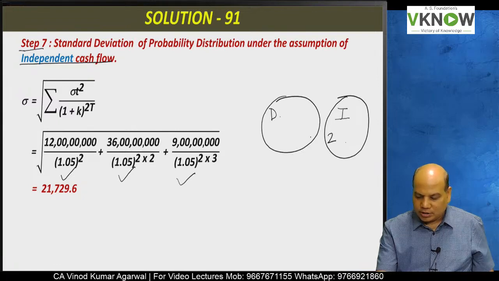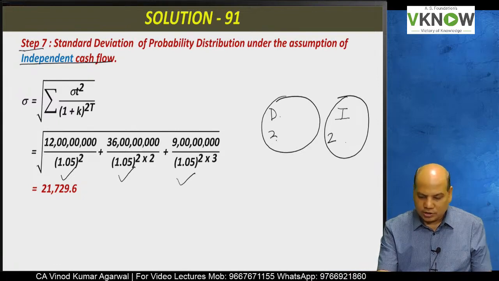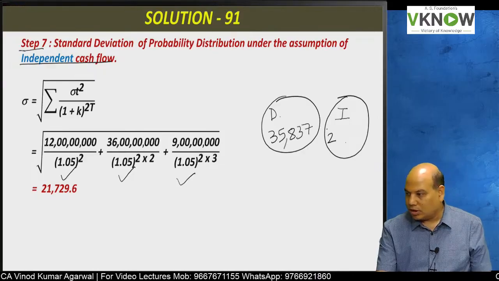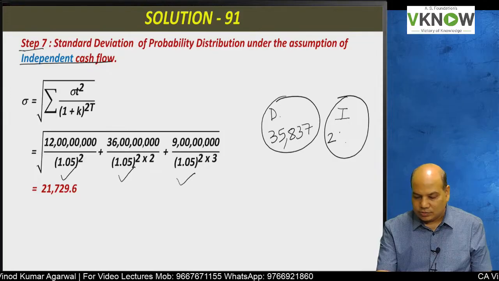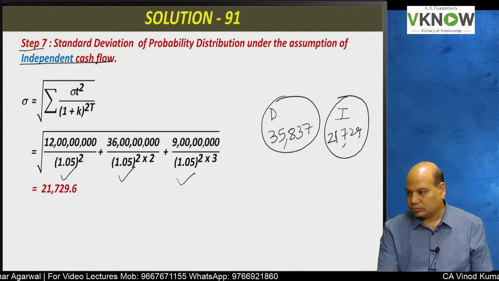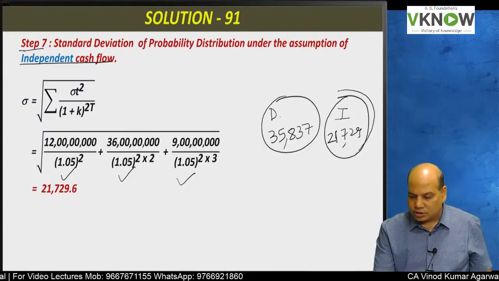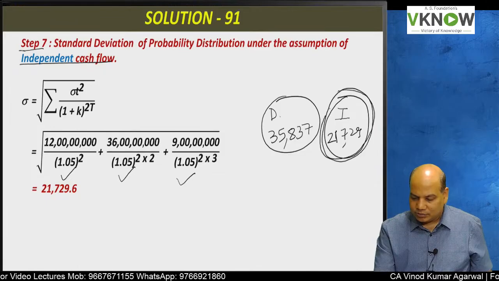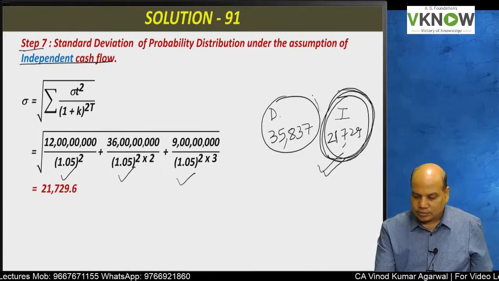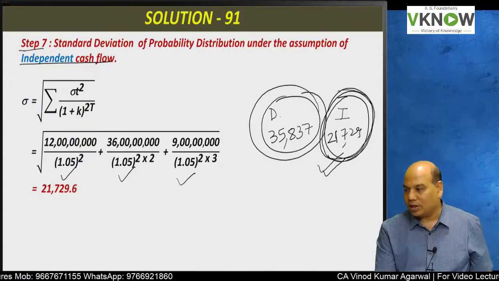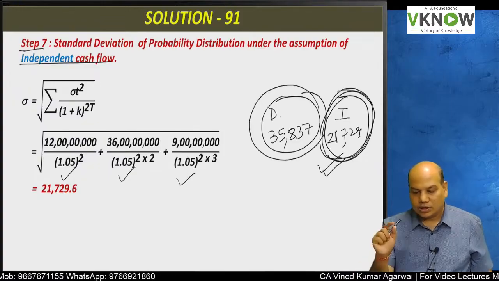Under dependent assumption, the standard deviation was 35,837, and under independent assumption it is just 21729. The answer is standard deviation under independent cash flow assumption is lower than under dependent cash flow assumption, and this is going to happen every time.